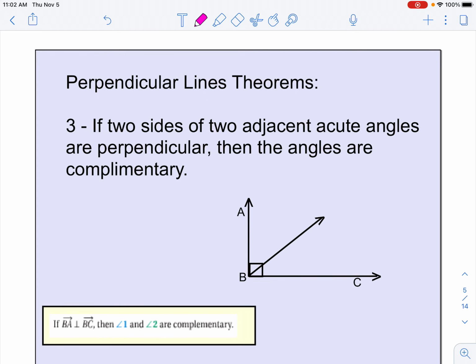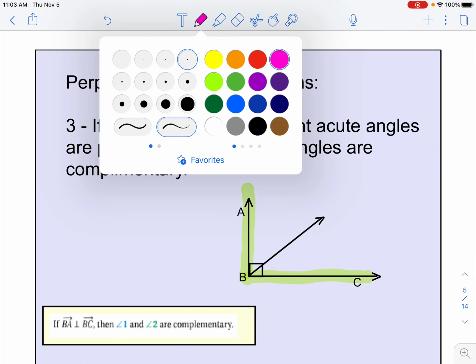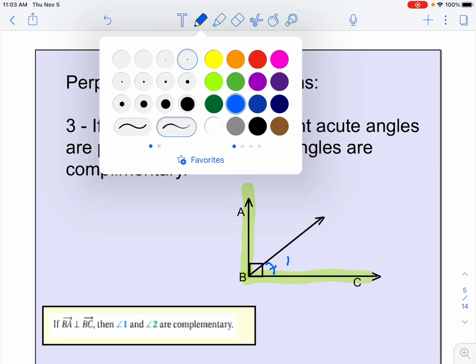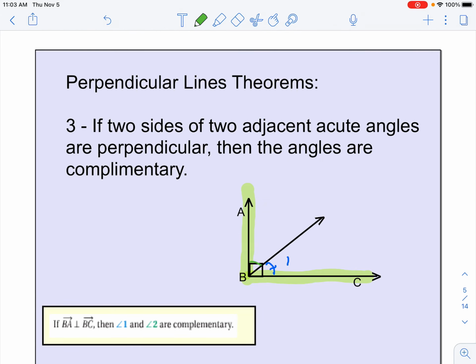If two sides of two adjacent acute angles are perpendicular, then the angles are complementary. So what we have here is two sides right here of two adjacent acute angles. This is one adjacent acute angle, like angle 1 right here, and then we have angle 2 right here.